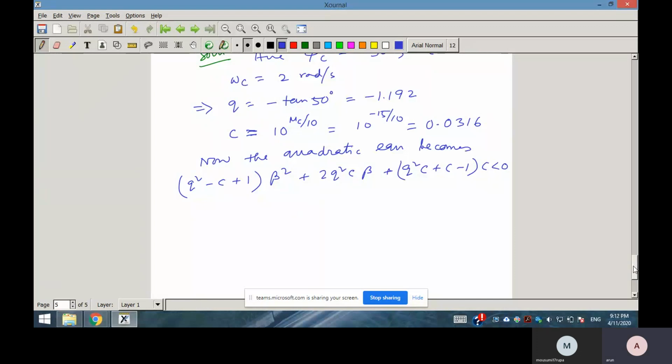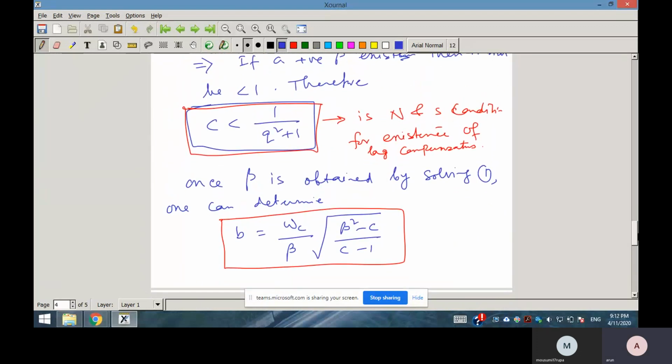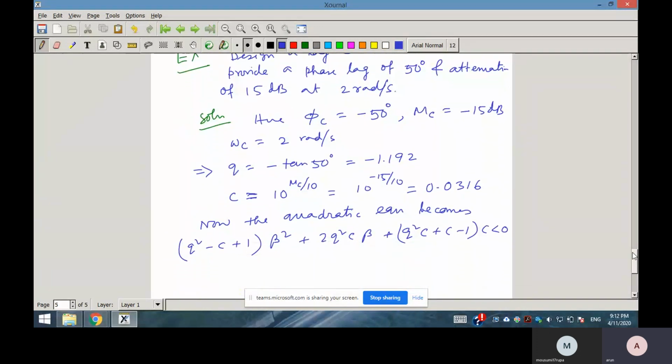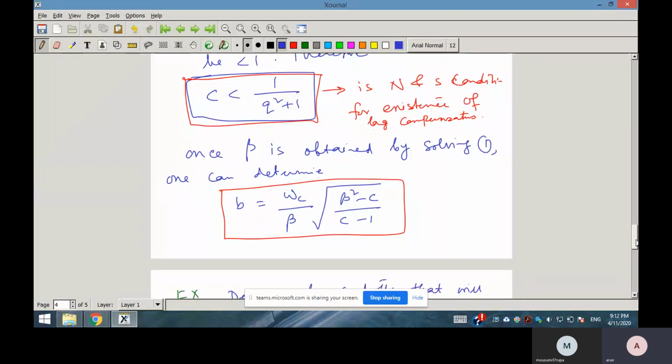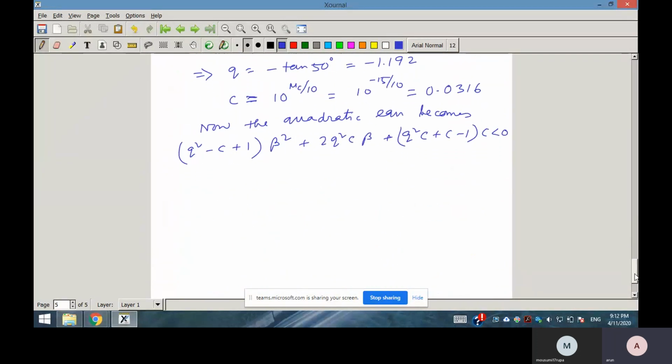You can easily see that q square plus 1 is 1.192 whole square plus 1, so approximately just greater than 2. So 1 divided by q square plus 1 is about 1 by 2, that means 0.5, and c is 0.0316, which is much less than 0.5. So the necessary and sufficient condition for existence of the lag controller is satisfied.